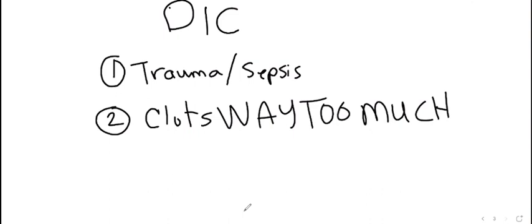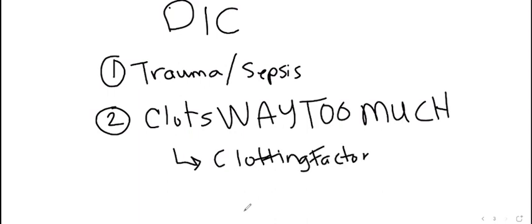Remember how I told you that vitamin K helps us clot? Vitamin K helps us produce something called clotting factors. If you think about the whole clotting mechanism, the platelet is like the construction worker.